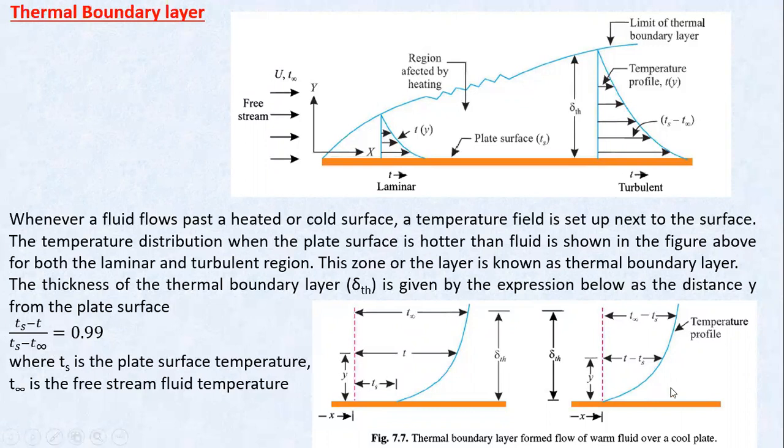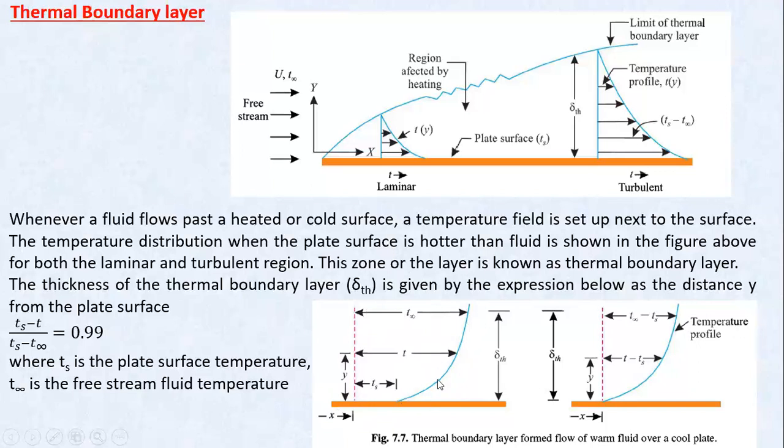Similarly, here you can see the diagram which shows a warm fluid flowing over a cold plate. Initially the temperature is very low because the plate is cold. As you go higher along the vertical distance, the temperature increases. Here the surface temperature Ts is lower, and as you go, T∞ is higher compared to Ts.